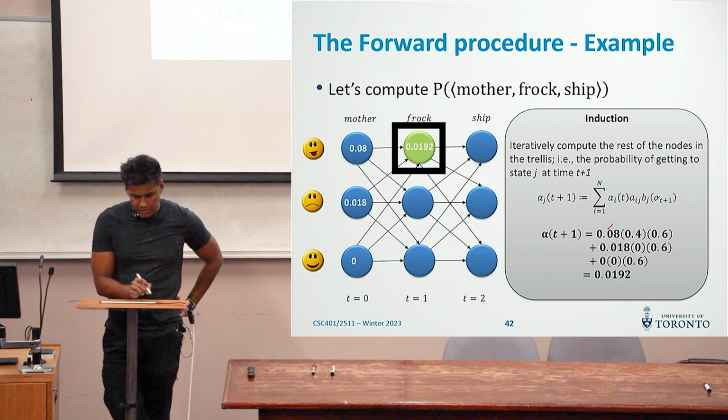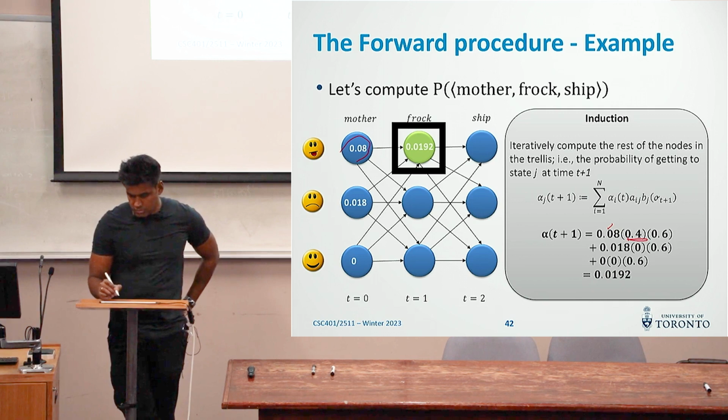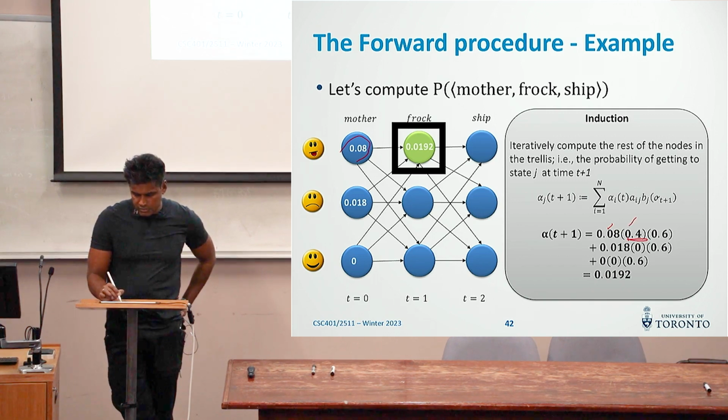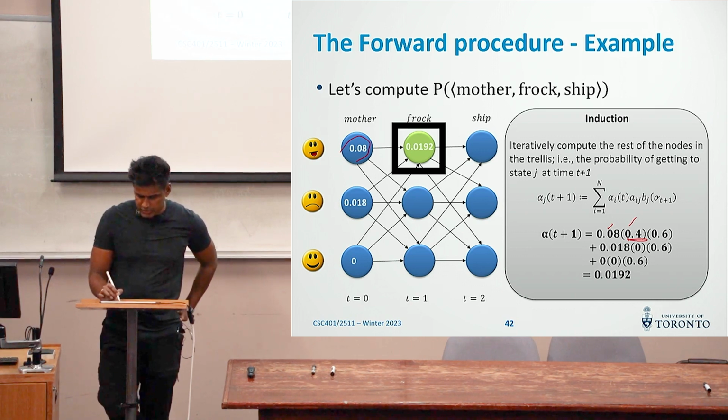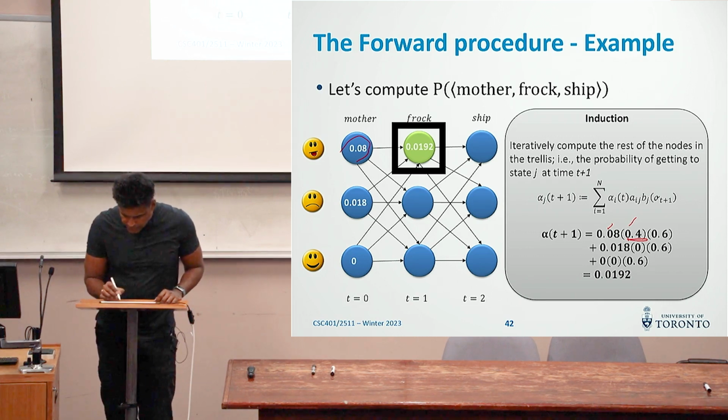So 0.08, I see that it's coming from phi IT. And this is what? Right, the transition probability. And this one is the probability of observing what token? Frog in state. Okay, yeah. And so we do this for all the 3 states.